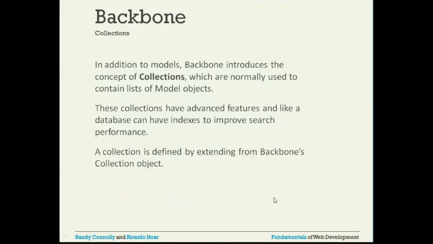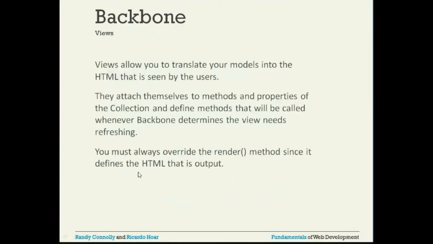These collections have advanced features, and like a database can have indexes to improve search performance, collections will have indexes so that the search would be faster and performance would be better. A collection is defined by extending Backbone's Collection object. So that is how we can create a collection.